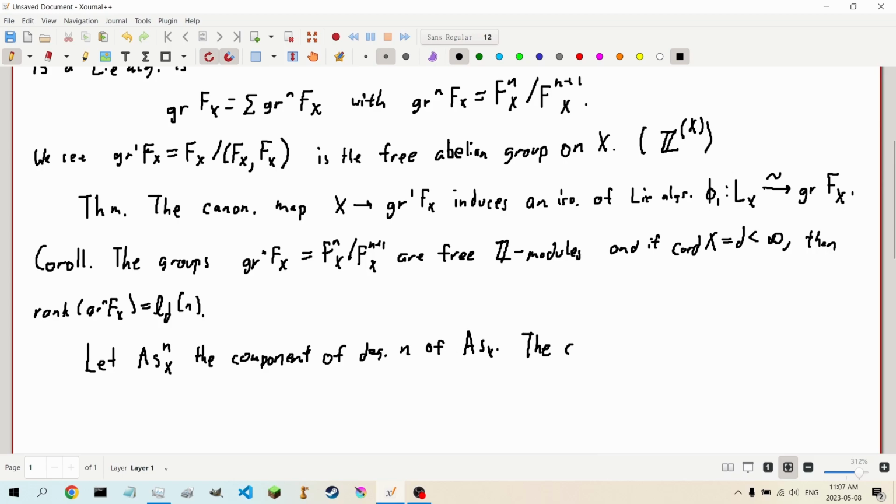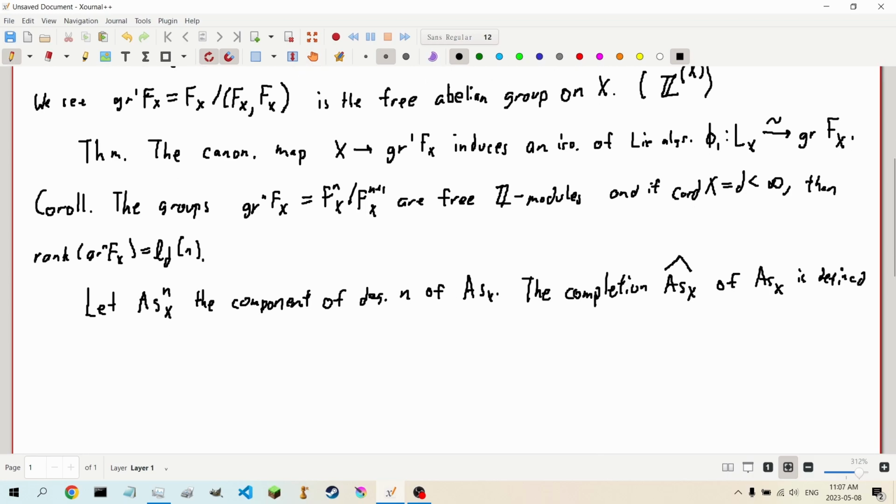The completion AS(X) hat of AS(X) is defined as the infinite product of AS^n(X).